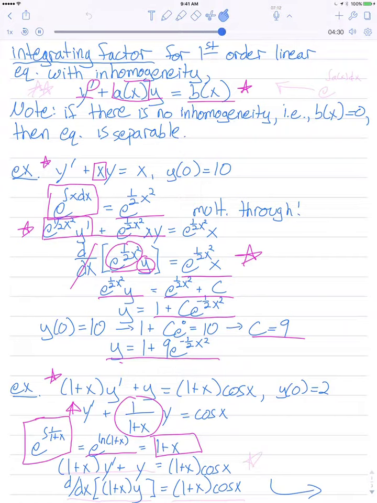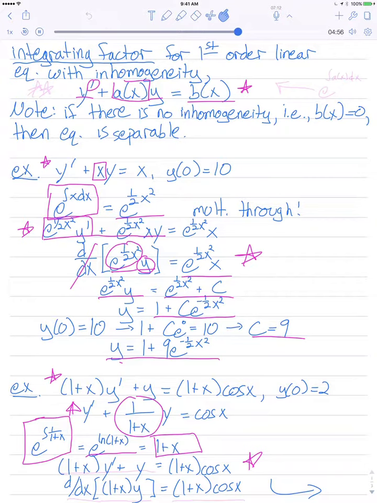So now I'm going to multiply through by 1 plus x to get (1 plus x) y prime plus y equals (1 plus x) cosine x. Oh snap, that's the original equation that I started with. So actually in its original form, it was better than in standard form, but you might not recognize that. So it's always a good idea to start off with standard form if you can apply this method, and then go ahead and find your integrating factor.